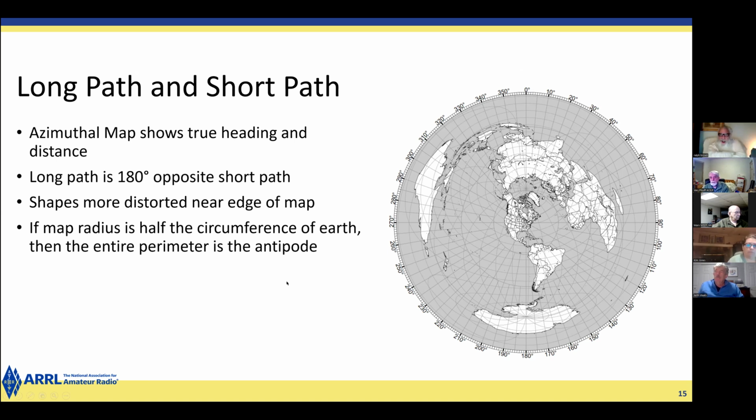But what happens is because of the way this projection works, that farthest away place is not a point, but instead it's a circle going around the entire perimeter.